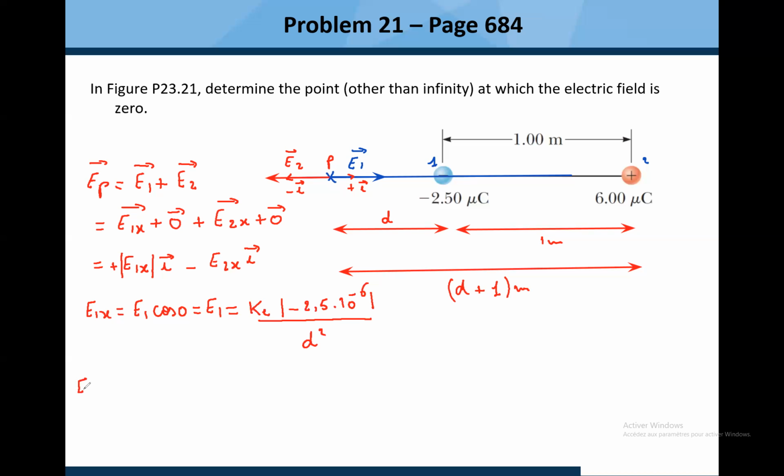The same for E2x equal E2 cosine 0 equal E2 equal k, Coulomb constant, times Q2 equals 6 times 10 minus 6 Coulomb divided by the distance between P and 2 equal d plus 1, d plus 1 square.